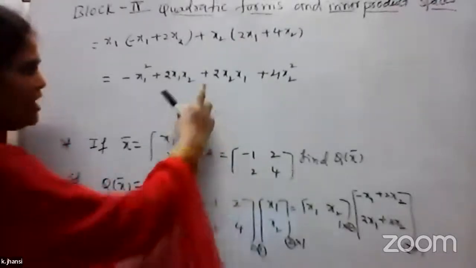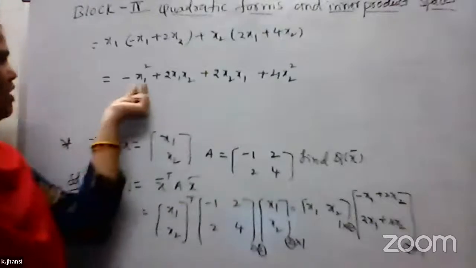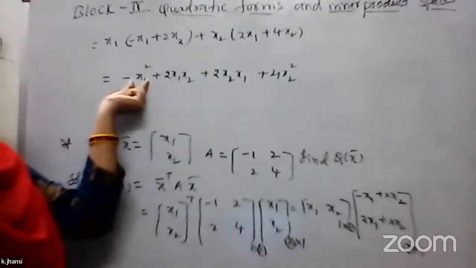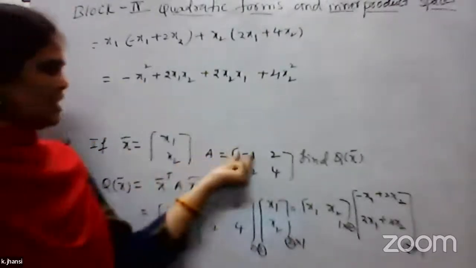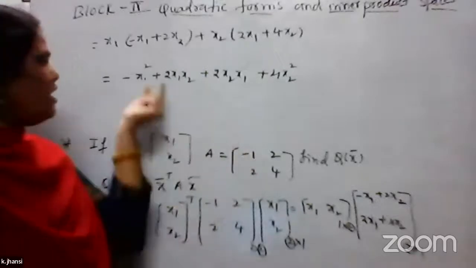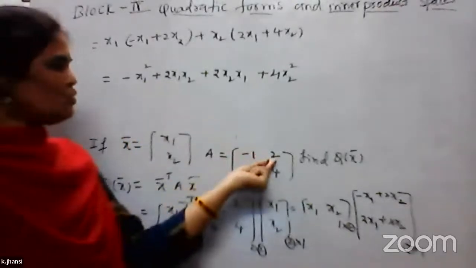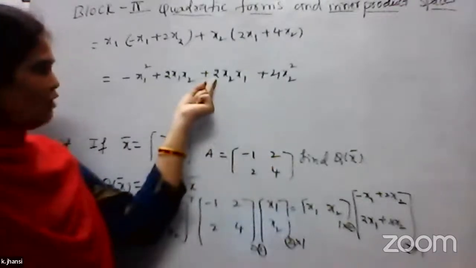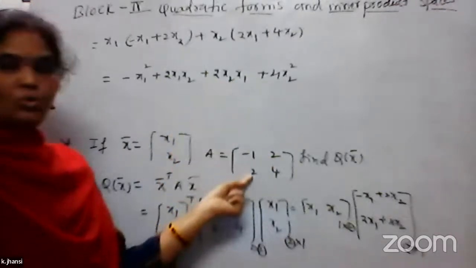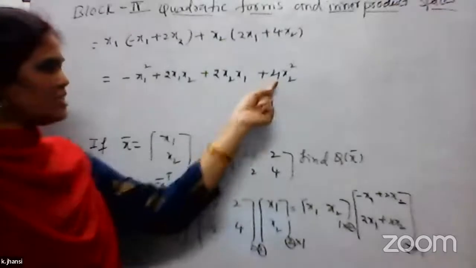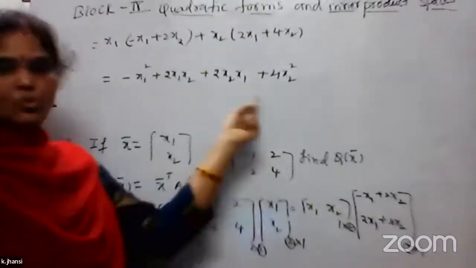From here only you can understand: first one is x1 square, so the first value is -1 here. Next we have 2x1 x2, so this value is 2. Next we have 2x2 x1. Last, this is the 4x2 square.